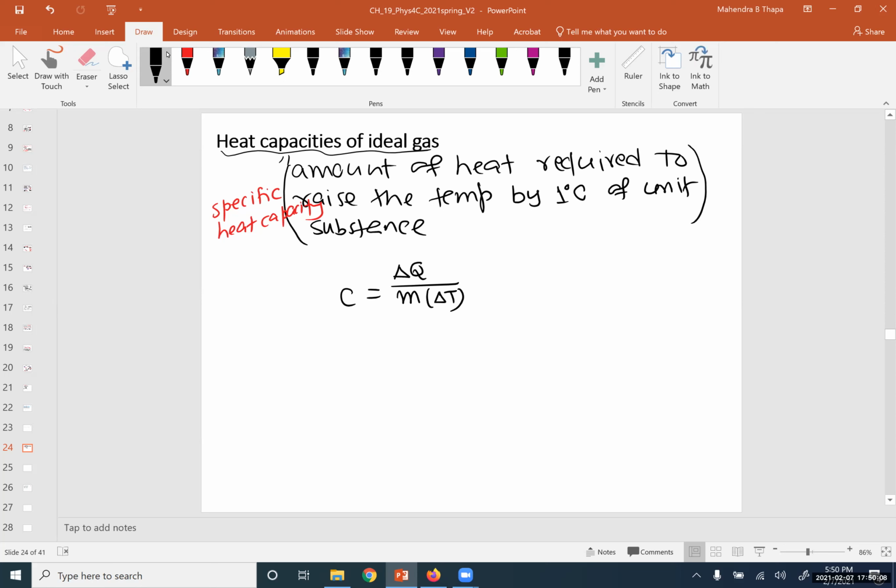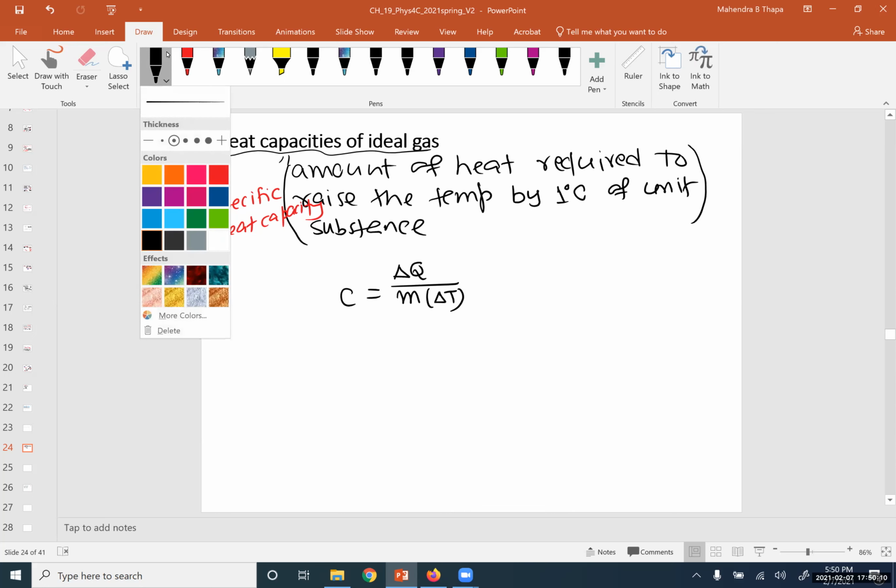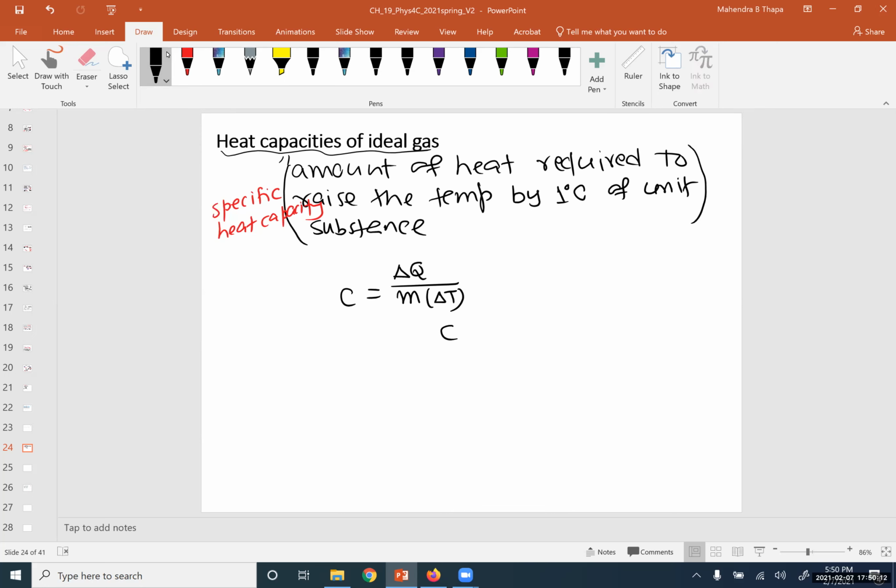Okay. So here the symbol C I used is for the specific heat capacity. Here M is the mass of the substance. Okay, so delta T is the temperature change.